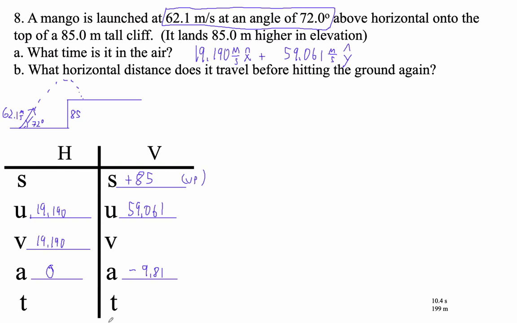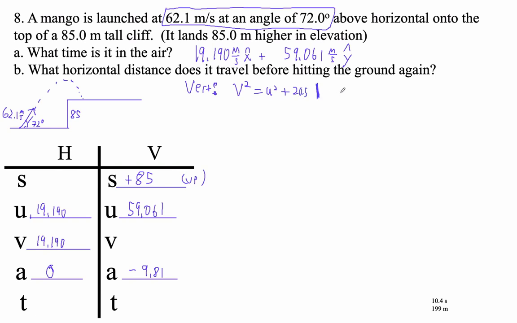So to solve for t right away would be quadratic. Okay, so I'm going to solve for the final velocity. So in the vertical direction, let's use v squared is u squared plus 2as.